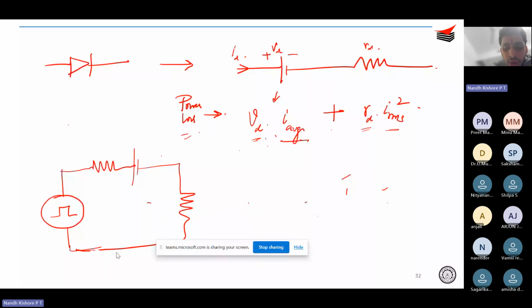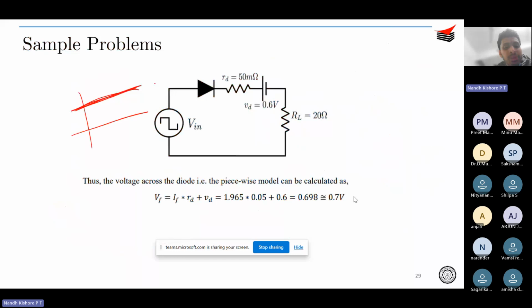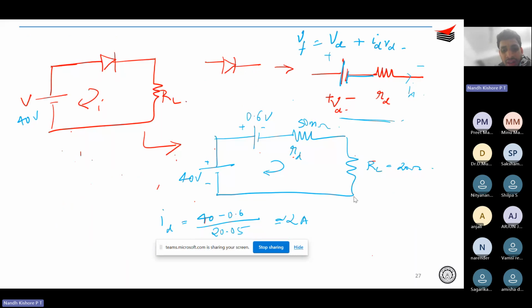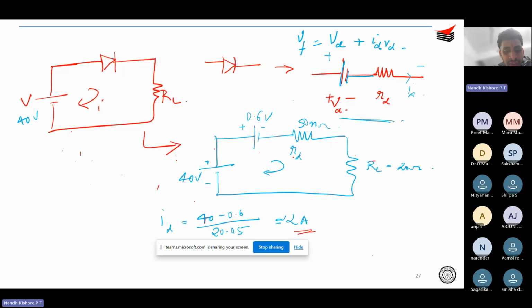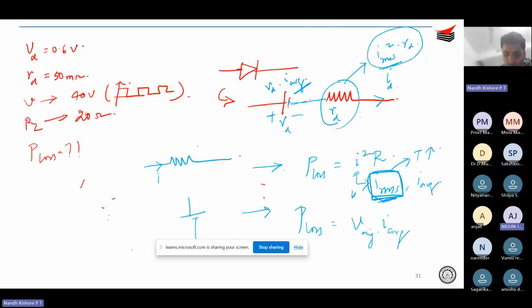One thing is you need to find out ID average and ID RMS. Again, the same thing as the previous problem, just that over here, since nothing was given, we assumed that there is only a single current ID of 2 amperes, or exactly 1.965 amperes. In order to find the average and the RMS values, we will go back to their definitions.